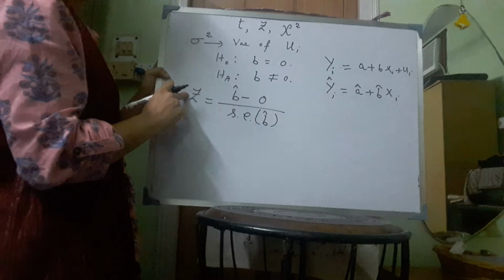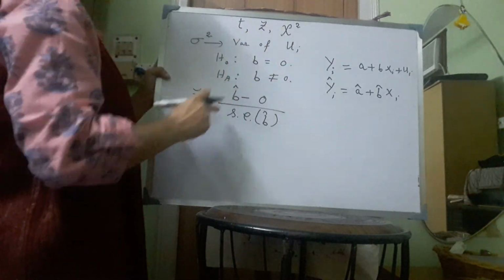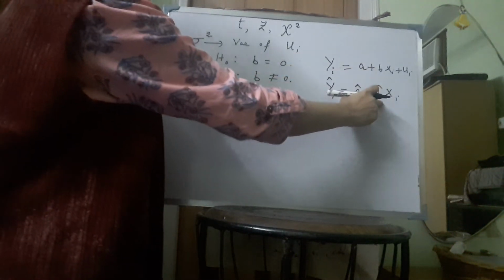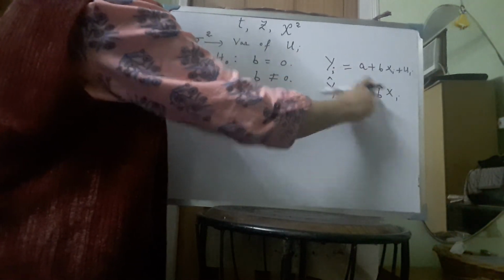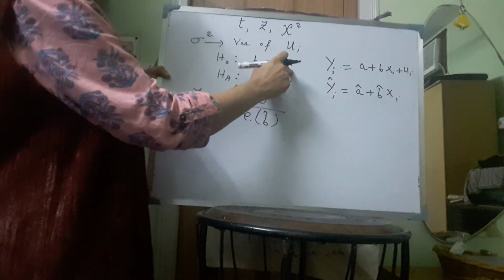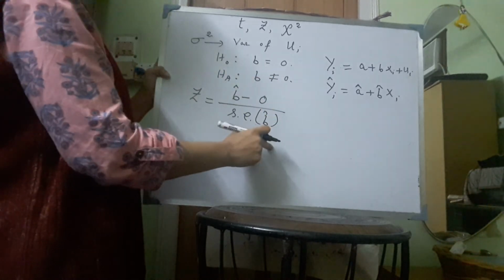And why are we forming the Z statistics? Because in this case, sigma square, that is the variance of the error term, is known. So in that case, Z is equal to b hat, the estimated slope coefficient, minus 0, because in the null hypothesis b is equal to 0, divided by standard error of b hat.